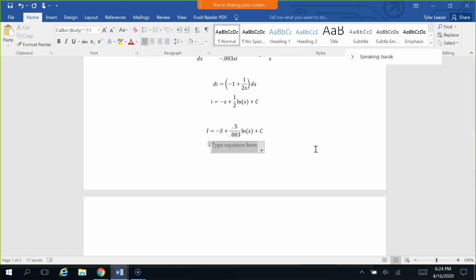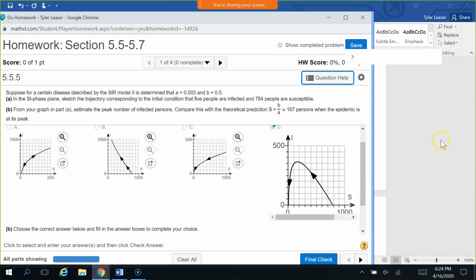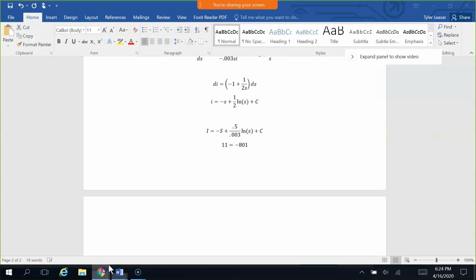All right, but now we can do the initial conditions. 11 is, for me, negative, was it 801? Oh no, sorry, 784. I was doing the example and my problem at the same time.